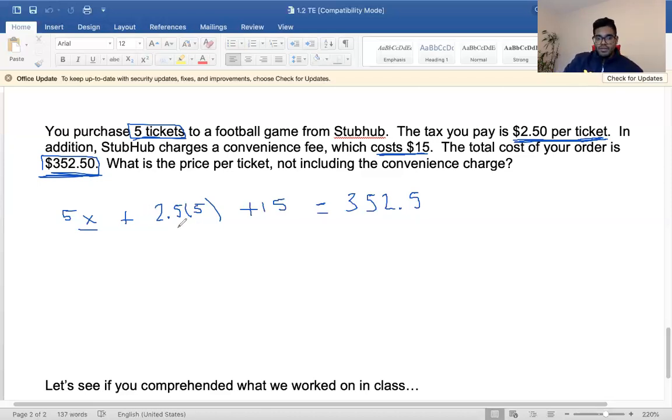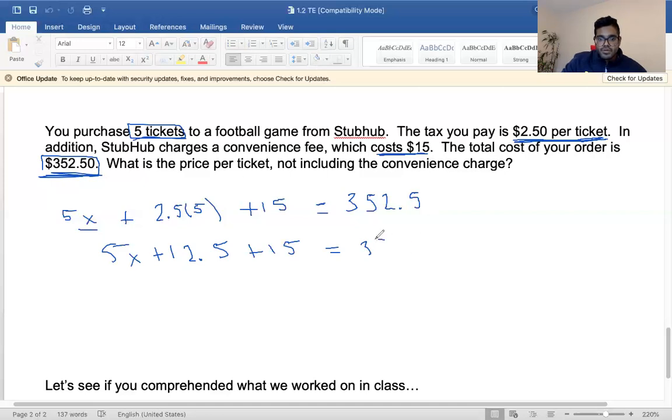Okay, this right here simplifies down to $12.50. So we have 5x plus 12.5 plus 15 equals 325.5. Oh, missed a number.